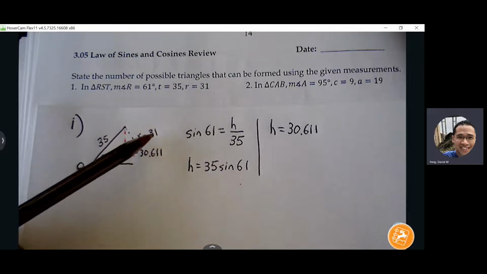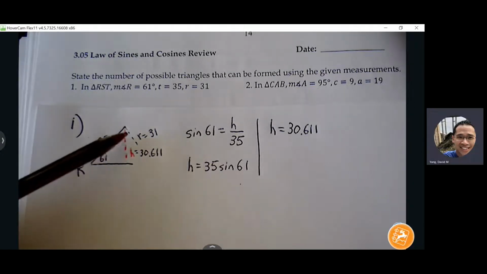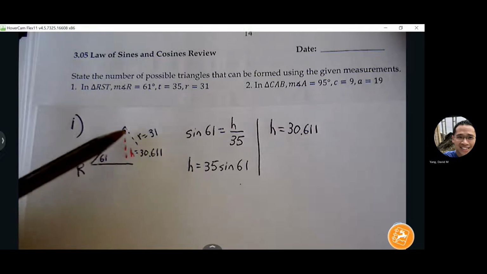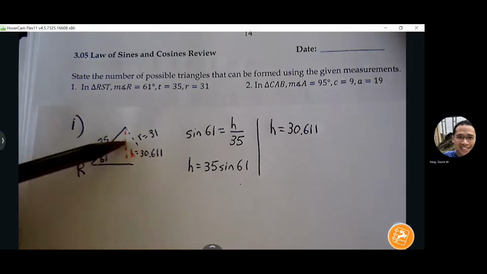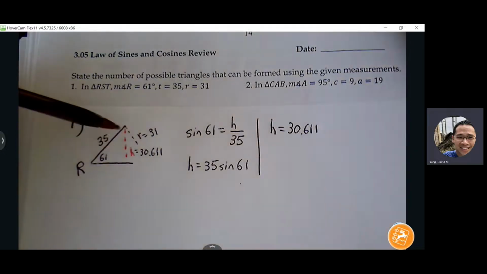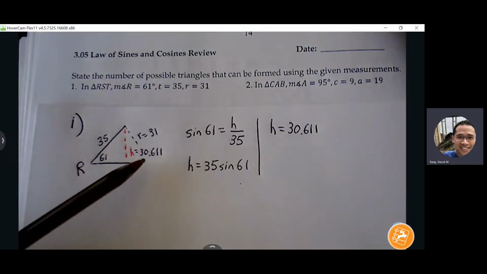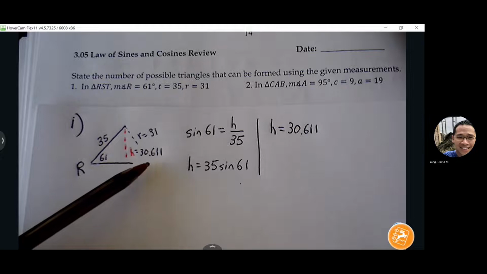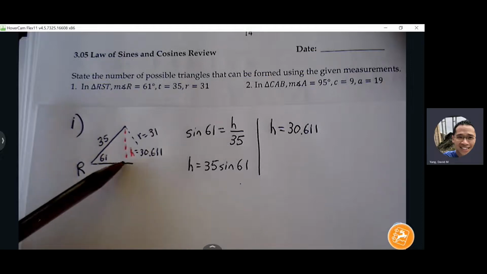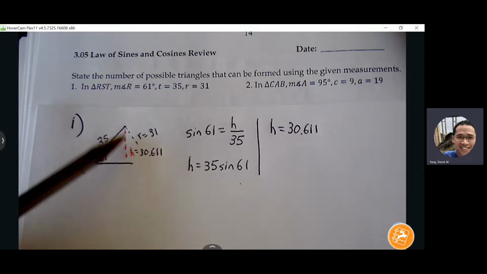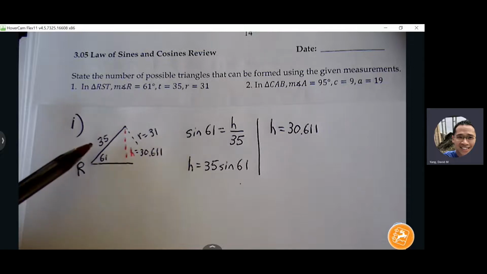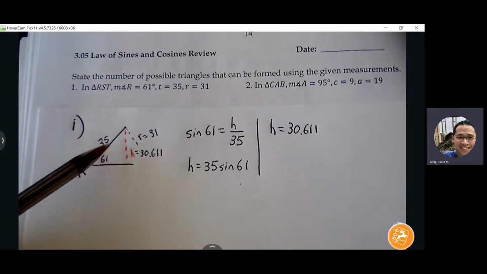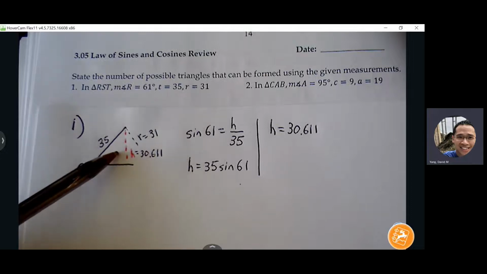Where can this 31 go? It can either go out here, or it could go where? It could hide here as an obtuse triangle, right? Because that 31 is greater than the height, so it's definitely going to form a triangle, but it's not going to quite be a right triangle. But it's also short enough that it's shorter than the hypotenuse, so it's going to be able to sneak in here as well.